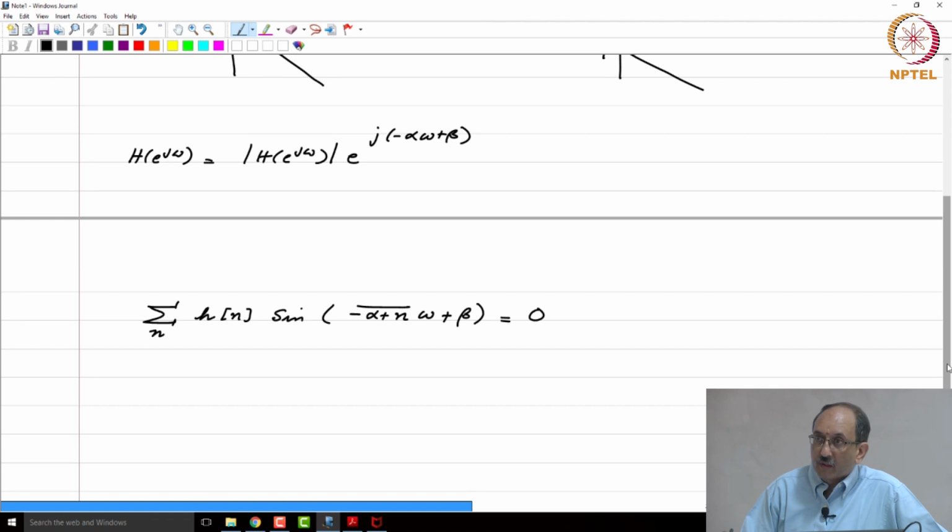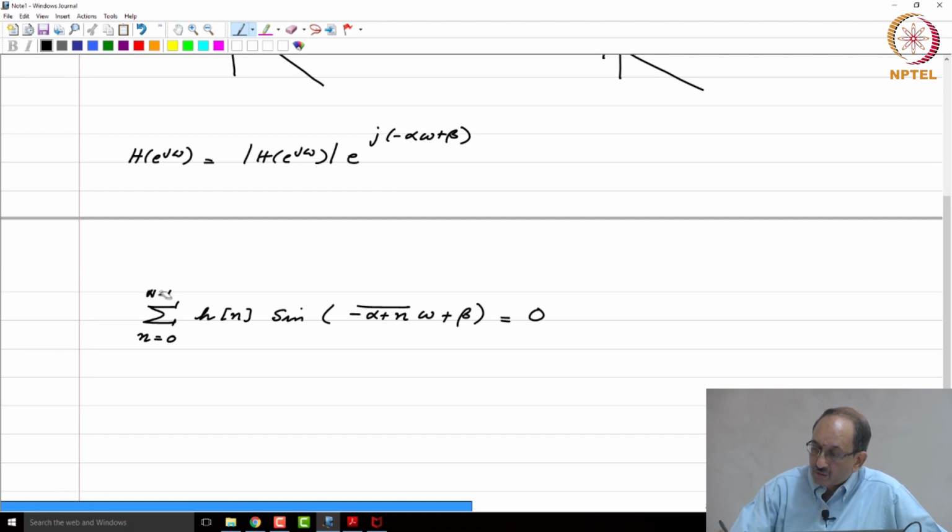That is mathematically correct, but practically useless. To simplify this problem, rather than having an arbitrary n over which we have to sum, we restricted the filter to be FIR, causal FIR.